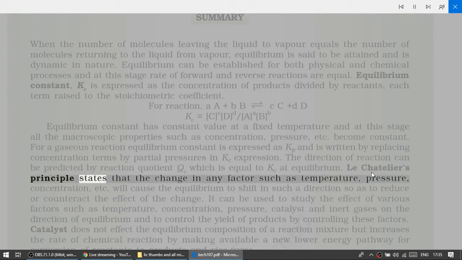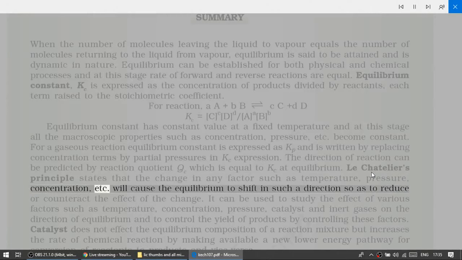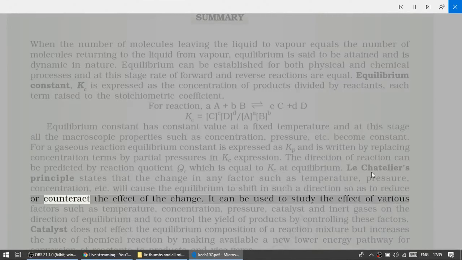Le Chatelier's principle states that a change in any factor such as temperature, pressure, concentration, etc. will cause the equilibrium to shift in such a direction as to reduce or counteract the effect of the change.